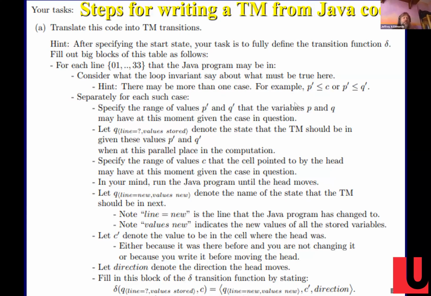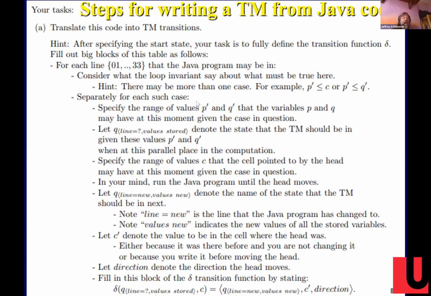The particular value is maybe P has value P prime, and Q has value Q prime, all right? We have particular values. So when we have those particular values, then we can say, what state are we in, right? So write down the name of this here. This is just the name, right?